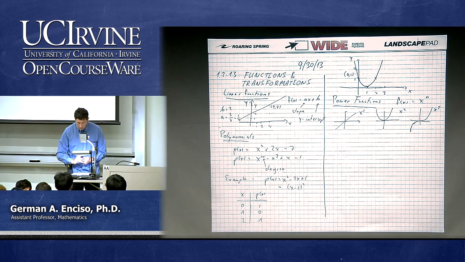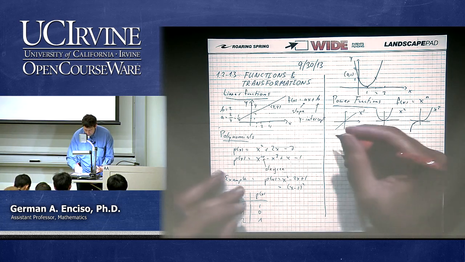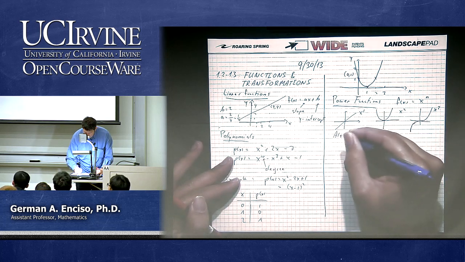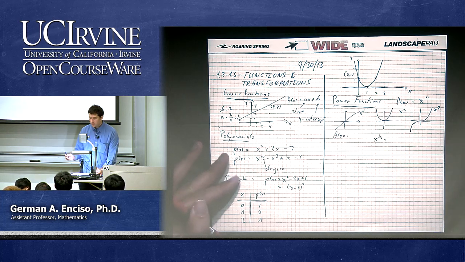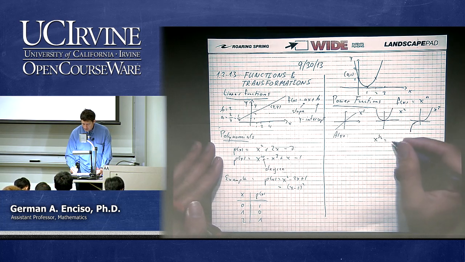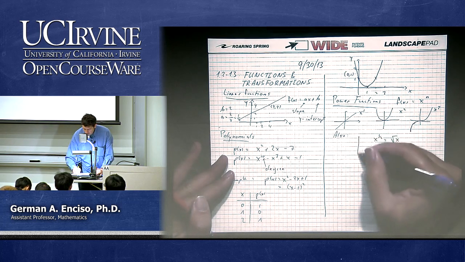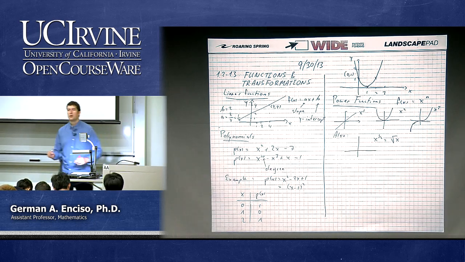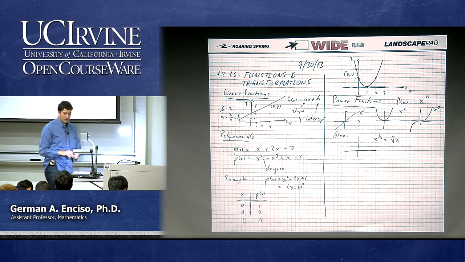What about if I do n not a natural number, but let's say we talk about x to the 1/2? What is that equal to? It's the same as square root of x. And that function looks how? It's a little bit like a parabola, but horizontal.